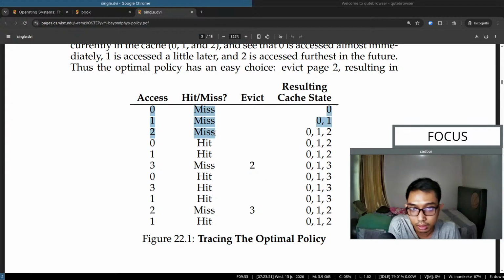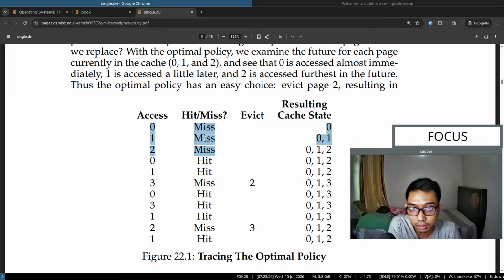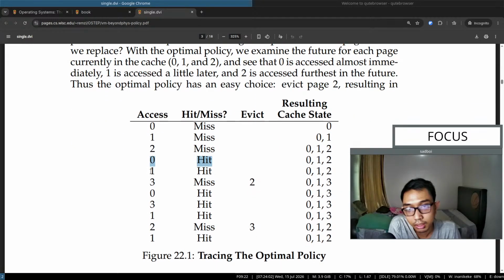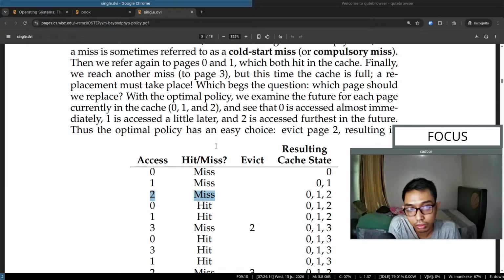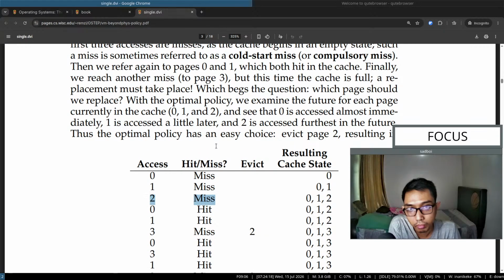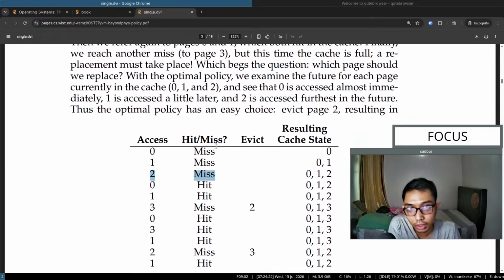Okay, we are trying to access this, and that makes me wonder: if we are trying to hit 0 and 1, why do we also cache 2?